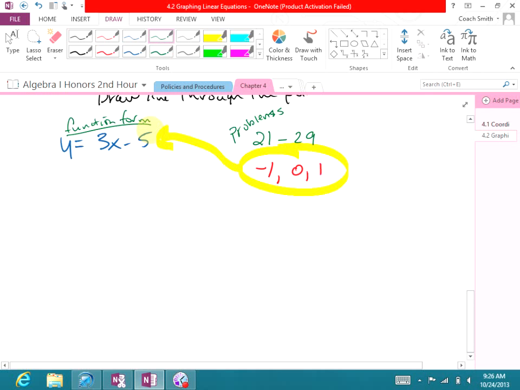Okay, that is function form. So I'm going to plug in the values that we've talked about. So I'm going to say y is equal to 3 times -1 minus 5. Okay? And when you get that, you get y is equal to -3 minus 5.